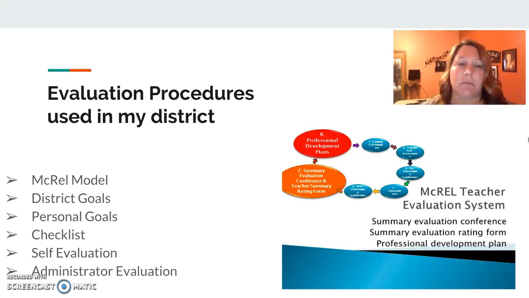Then the administrator will do his or her evaluation on you while using the McCrell system, and all of that is wrapped up in the McCrell program: your goals, your self checklist, the administrator's evaluation. It all falls under your McCrell profile.